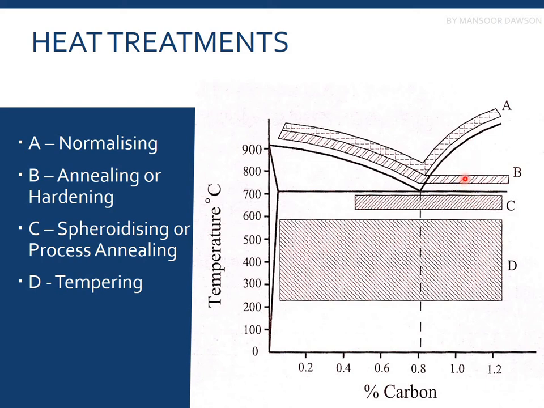But usually for process annealing and for spheroidizing, we are somewhat below the lower critical line, which is this line. This is the A1 line, this is the A3 line, and this is the ACM line. Okay, and for spheroidizing, as I discussed, for tempering, what we do is we always are very much below the lower critical line.